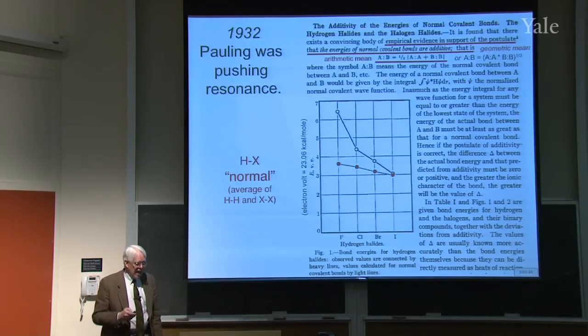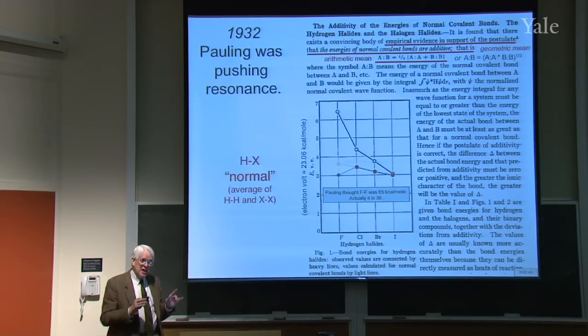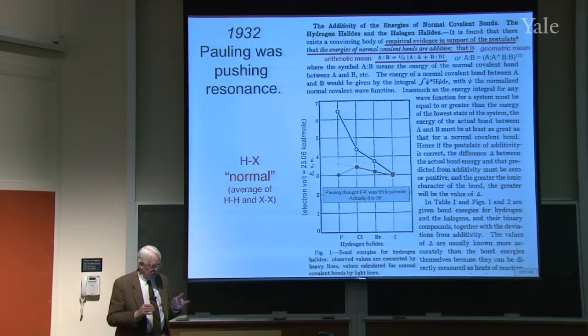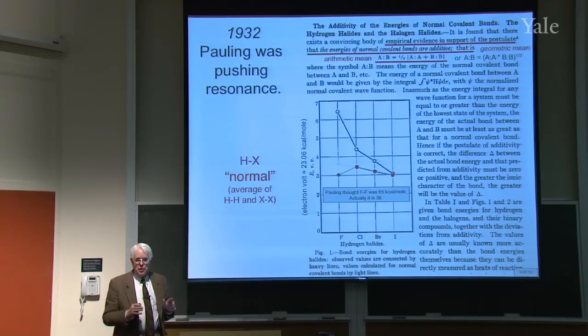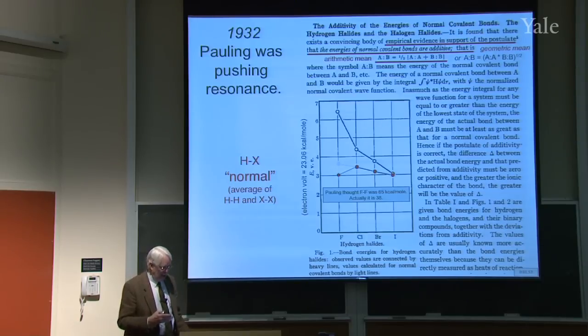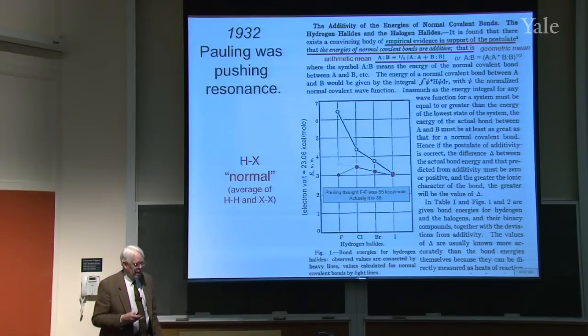Incidentally, there's a little problem here, because he was using the wrong value for the fluorine-fluorine bond energy in all of this work. He thought it was 65 kilocalories per mole. Actually, it's 38. It's a rather weak bond because of all these electron-pair repulsions that we talked about. Okay, so his numbers are a little bit skewed, but at any rate, that was what he was doing.